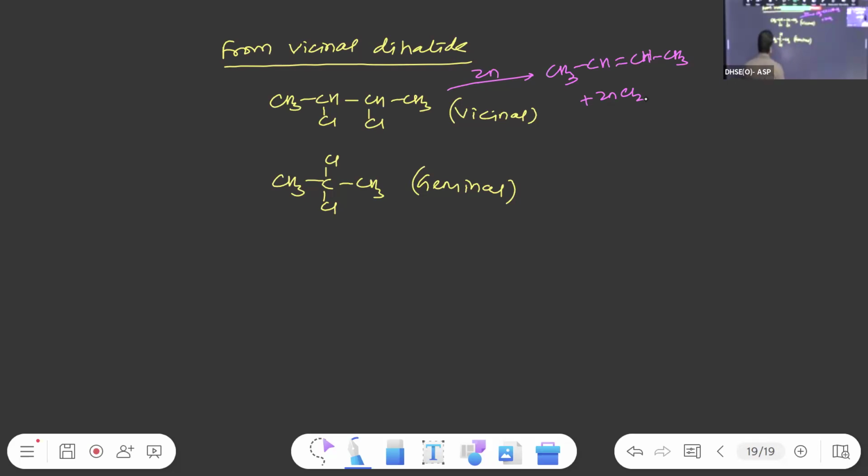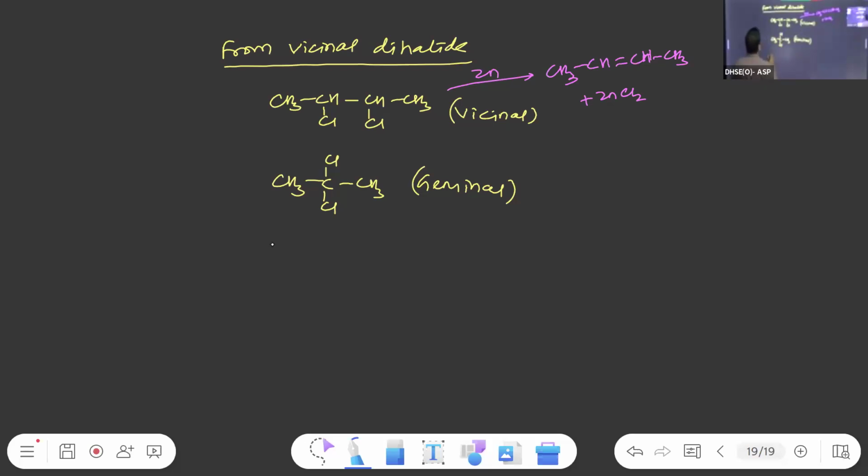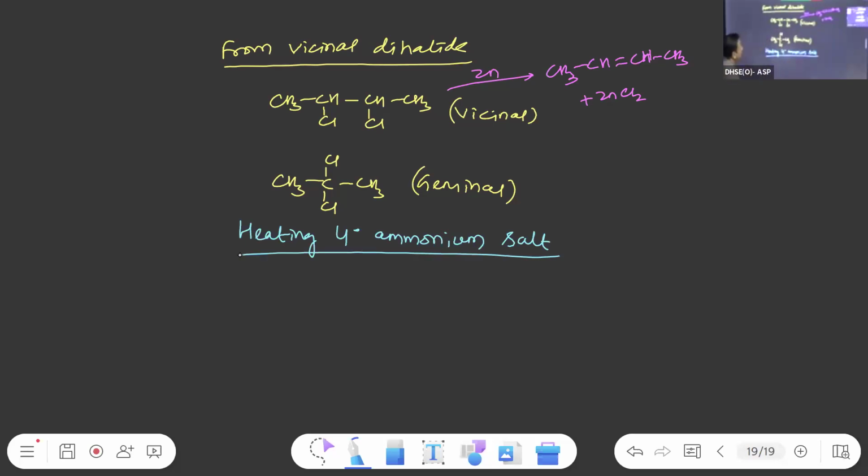And the last method left, which is generally not in the board syllabus, is heating quaternary ammonium salt. Quaternary means nitrogen is bonded to 4 alkyl groups.